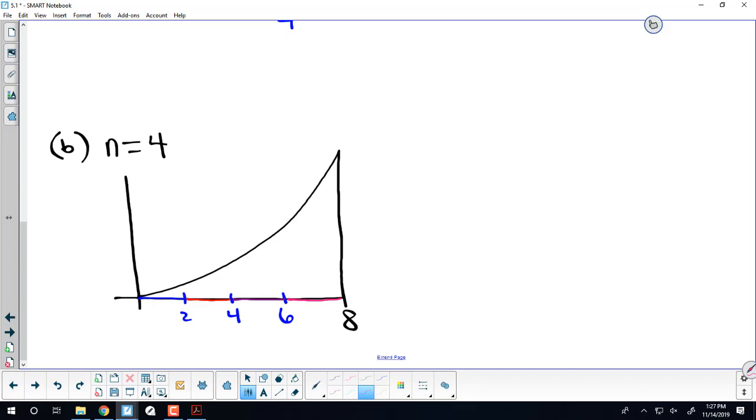Chris, did you have a question? I don't know. Okay, all right, so then we've got the length of each rectangle, which is 2 for all of them. The height of the first rectangle is coming from the midpoint into the function. So we're plugging 1 into t squared to get the height.